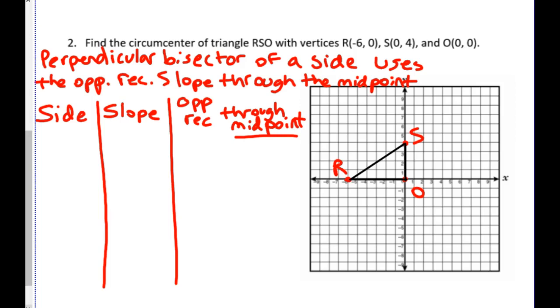Let's pick a side. RO, good job. So RO is a side. Do we know the slope of RO? 0. It's a horizontal line. So what's the opposite reciprocal of 0?